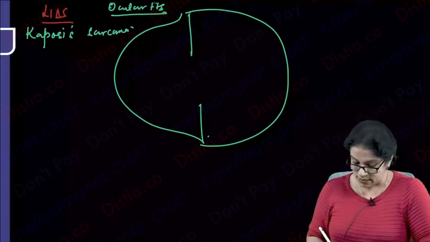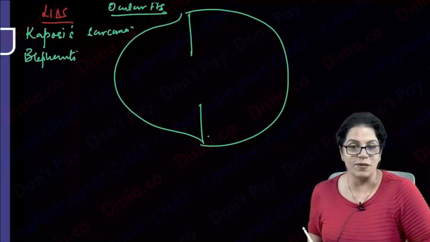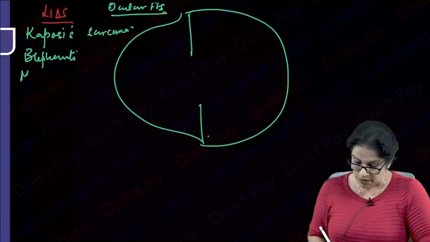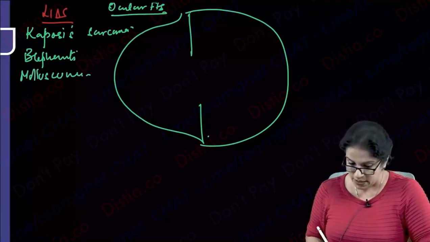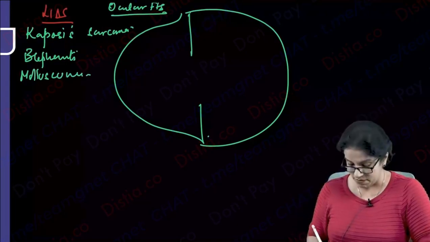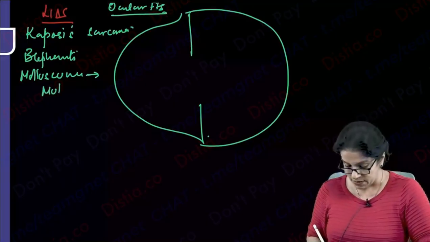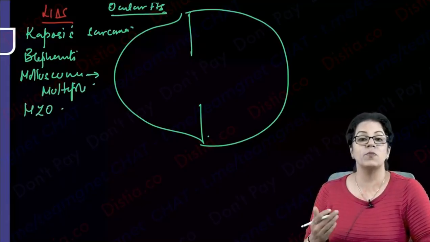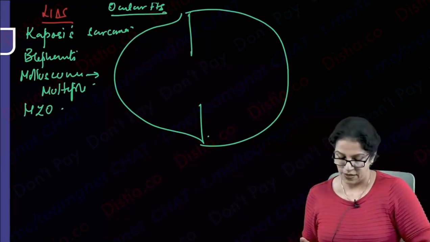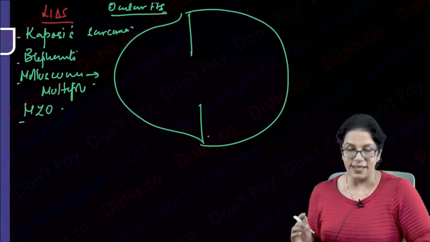There can be more incidence of blepharitis, which is inflammation of the lid margin. Infection by molluscum contagiosum, you all know it's a viral disease. Multiple molluscums are seen, that is typical of low immunity. And features of zoster infection, because it is more prone for these infections. These are the features that you can see in the lids.